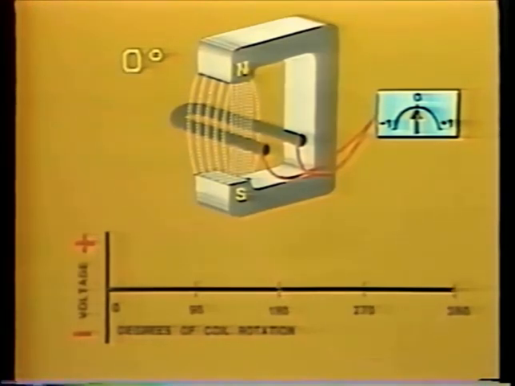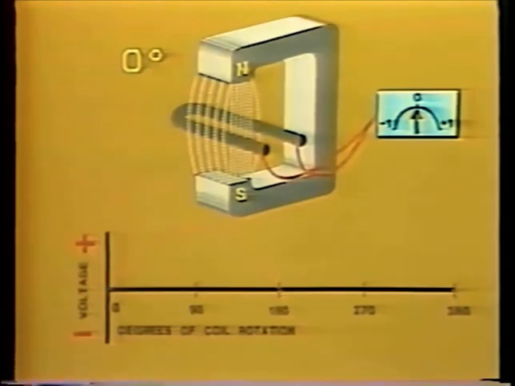The vertical axis represents the magnitude of the voltage, while the horizontal axis represents the passage of time. For convenience, we will calibrate the time axis in degrees of coil rotation. One complete rotation of the coil will correspond to 360 degrees on our angular scale.